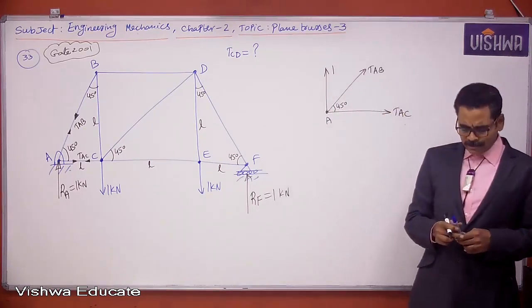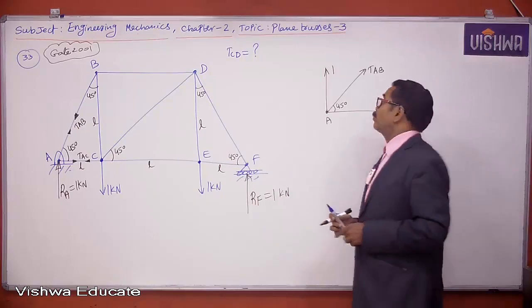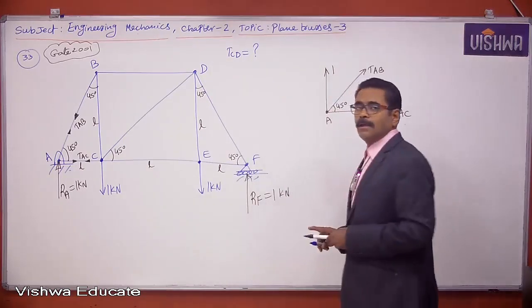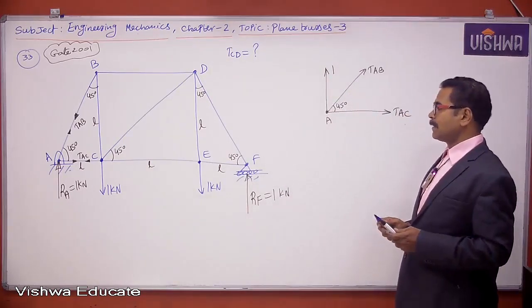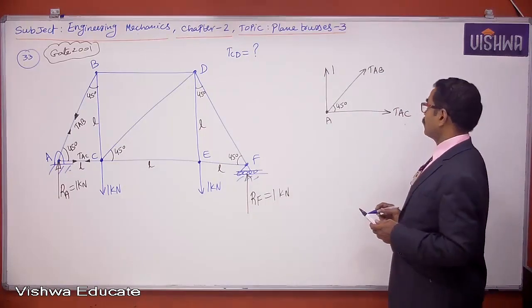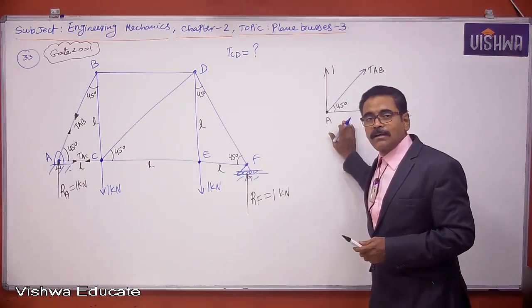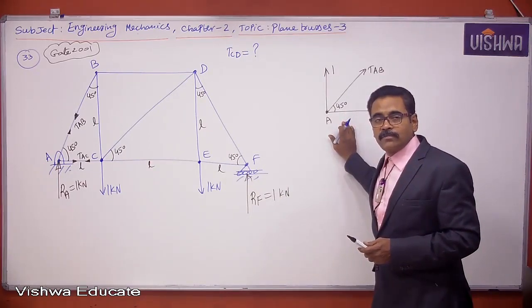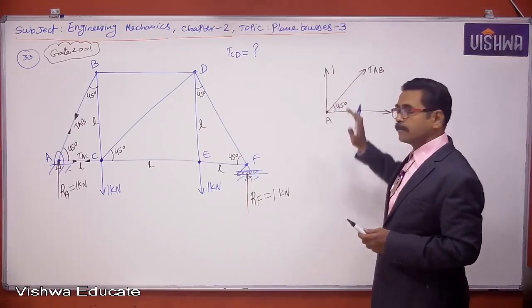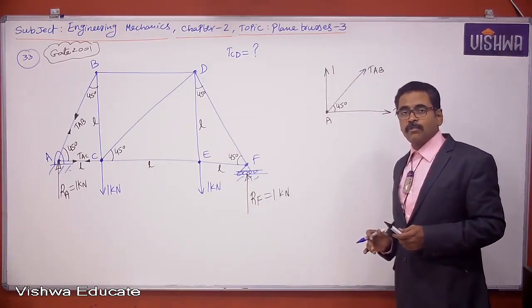How many unknowns are there about joint A? Only 2 unknowns, TAB and TAC. Since this joint A is in static equilibrium, the sum of rightward forces equals the sum of leftward forces, and the sum of upward forces equals the sum of downward forces.